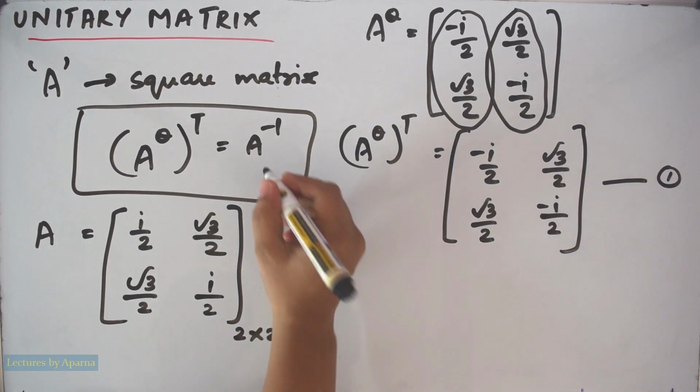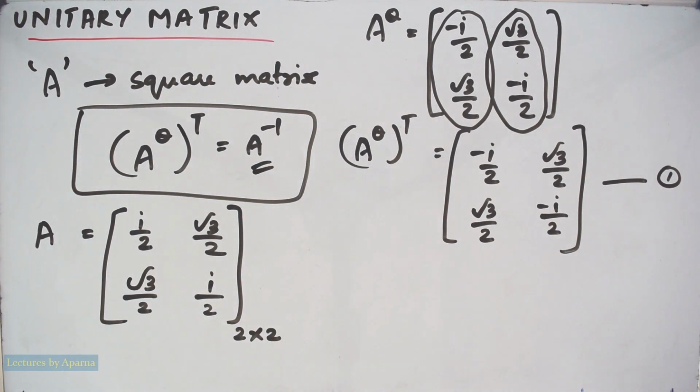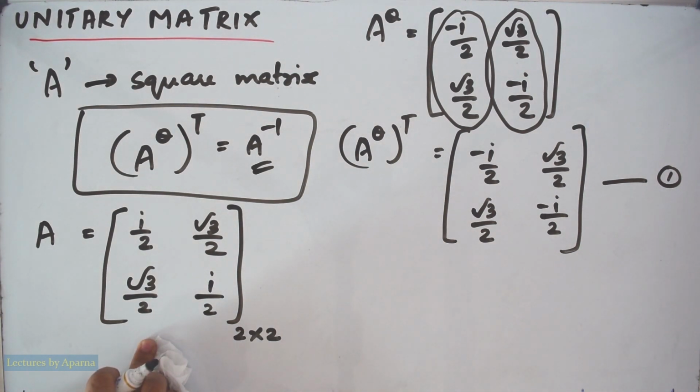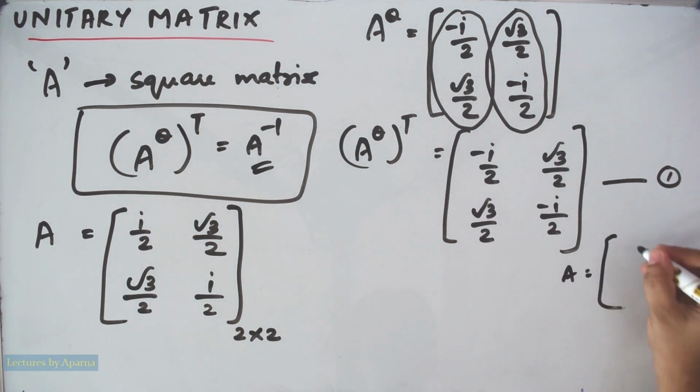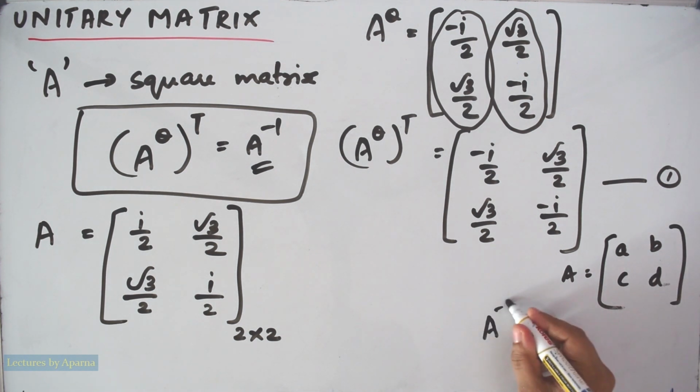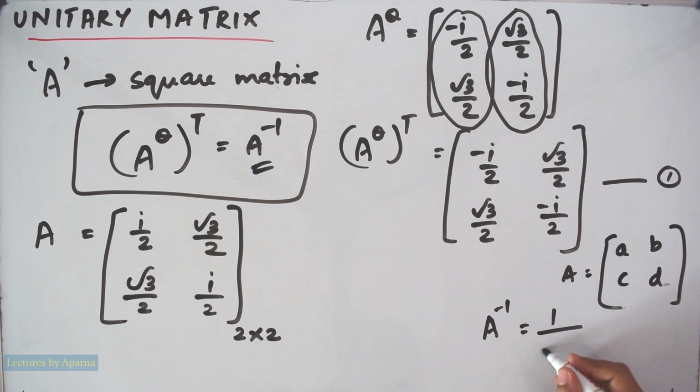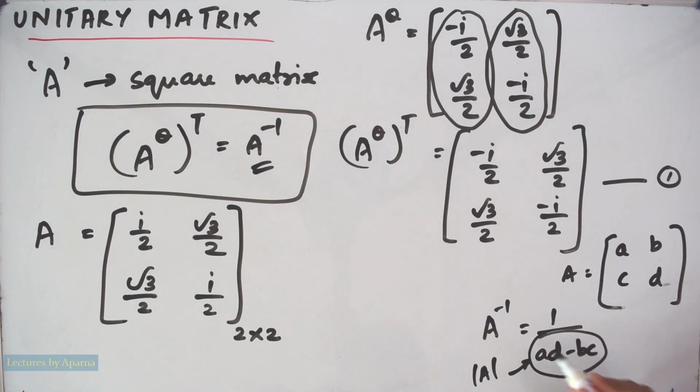Next I have to find A inverse. To find A inverse of a 2 by 2 square matrix, there is an easy way. If A is a, b, c, d, then A inverse will be equal to 1 by ad minus bc, which is mod A, the modulus of A, into the matrix d, a.